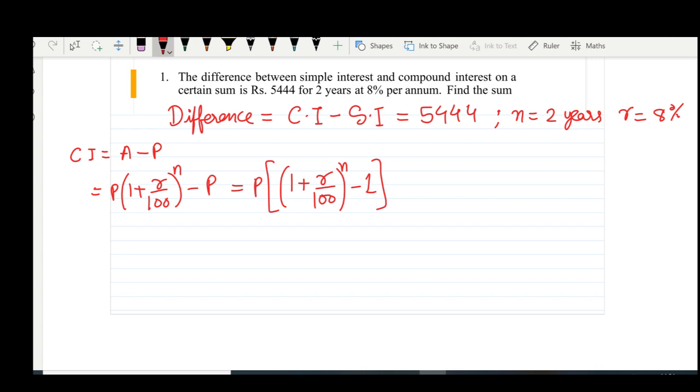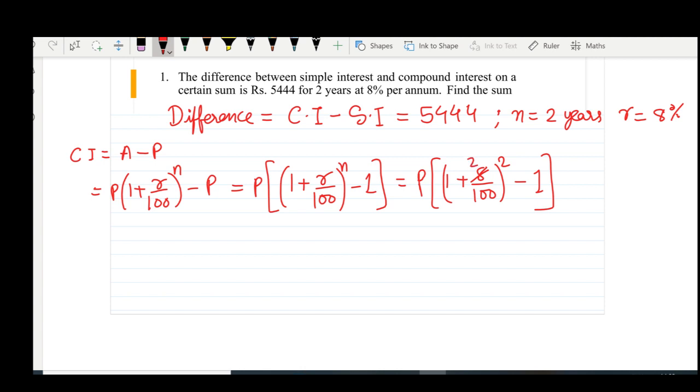Now let's replace the values. P is not given, so let's take it as P only. P times (1 plus 8 upon 100) to the power 2, minus 1.